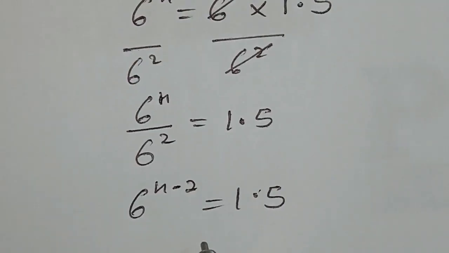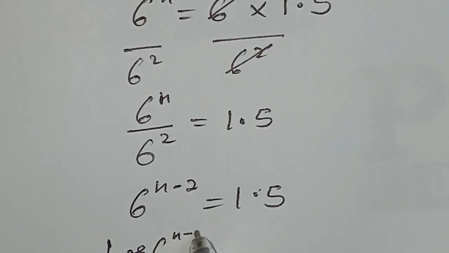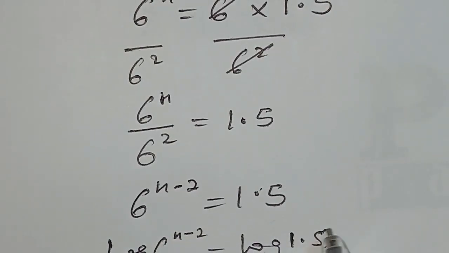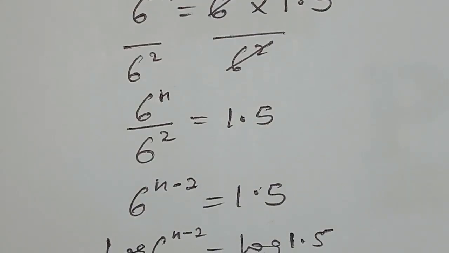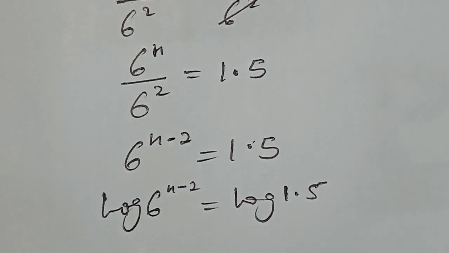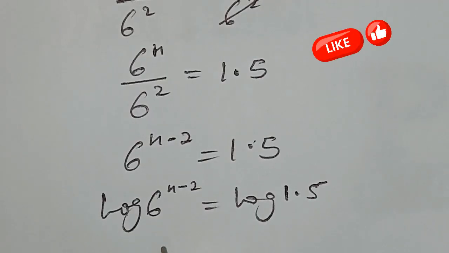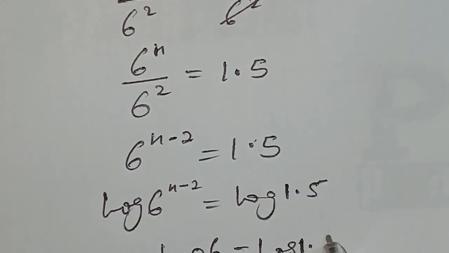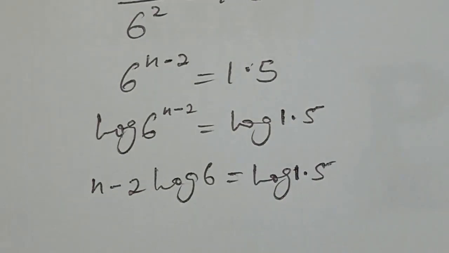So if we take the log of this expression, we have log of 6 to the power of n minus 2 equal to log of 1.5. Now we can bring this power down to the base. We have n minus 2 log of 6 equal to log of 1.5.